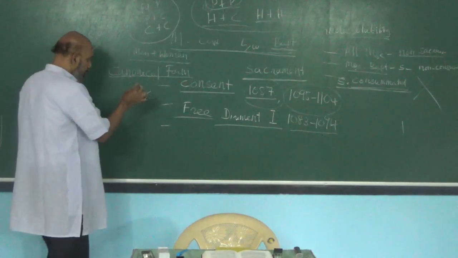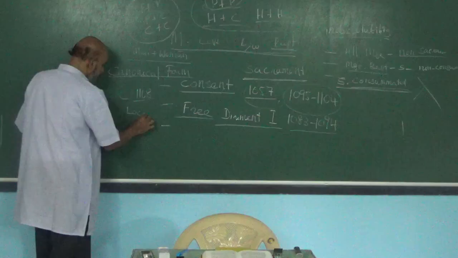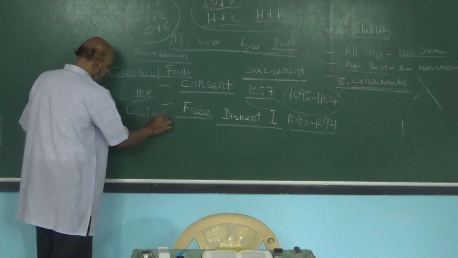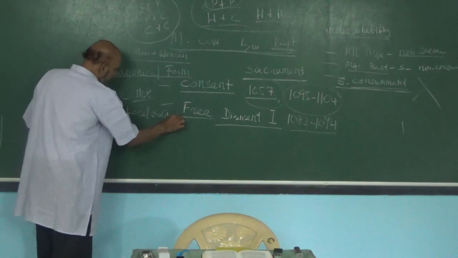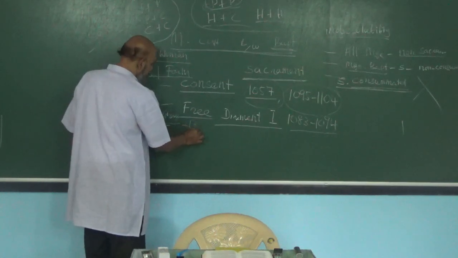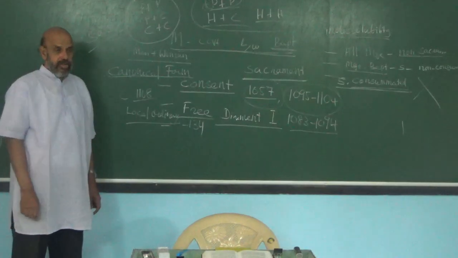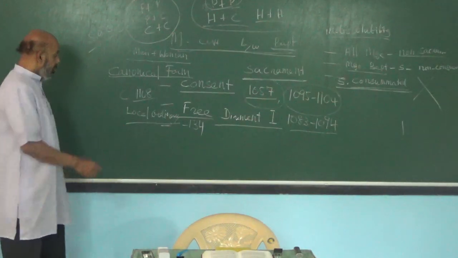Now, one thing is local ordinary. The explanation of local ordinary is given in Canon 134. Canon 134 says, who are all local ordinary?